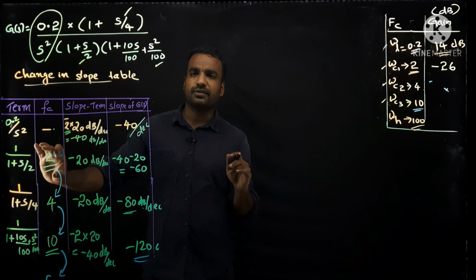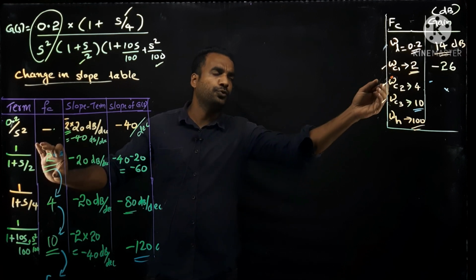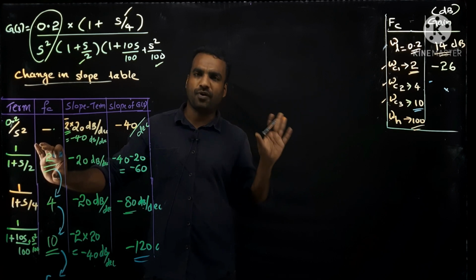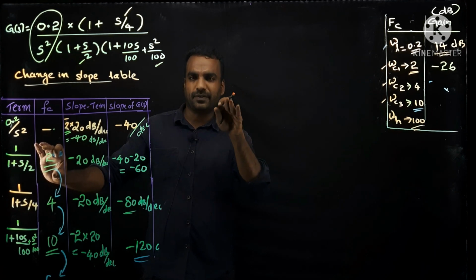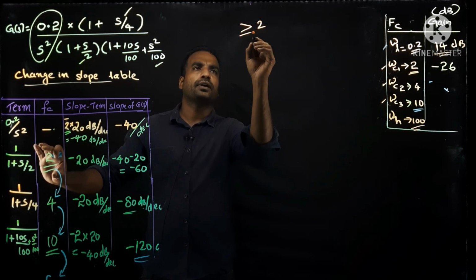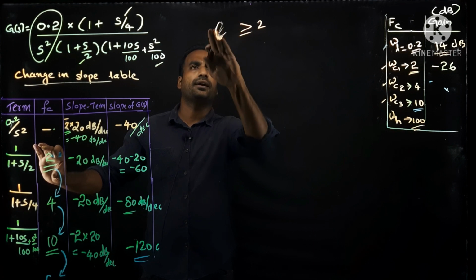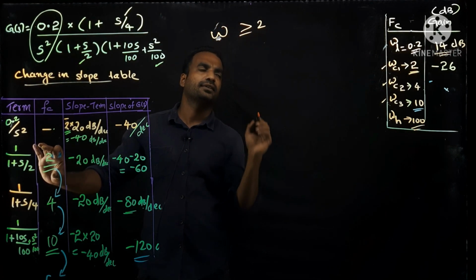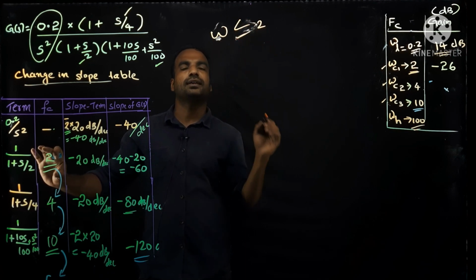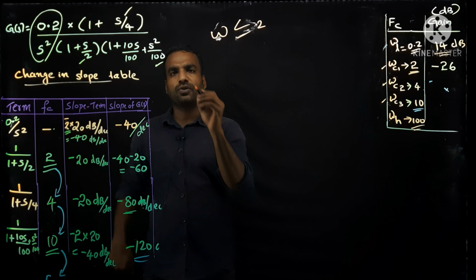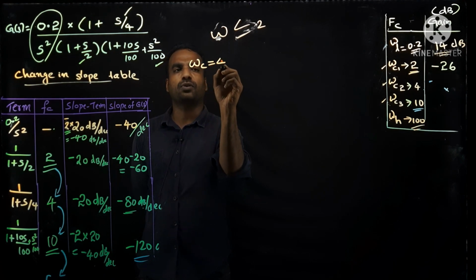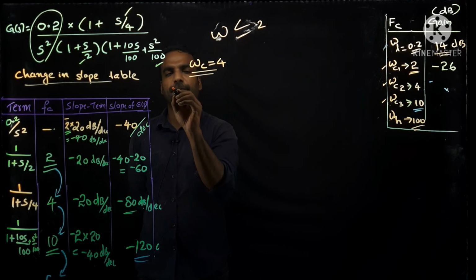But after that, suppose for frequency 2.1, the equation we previously calculated is not valid. It is valid only for any omega which is less than or equal to 2. So for omega C is equal to 4, how can we calculate the gain?